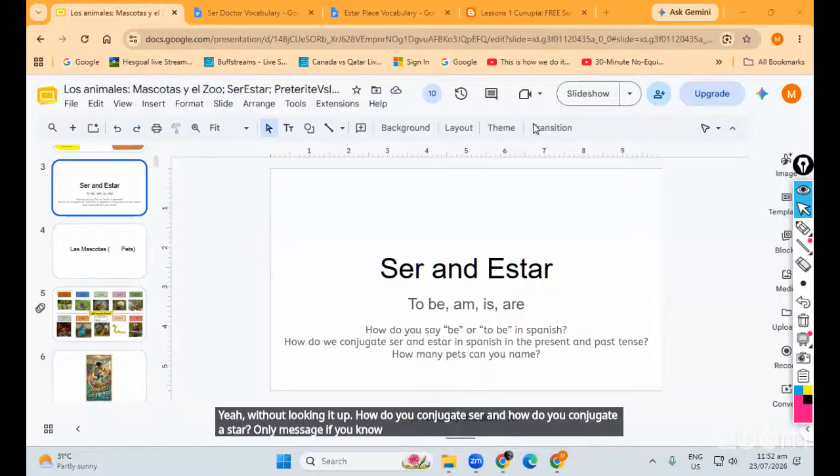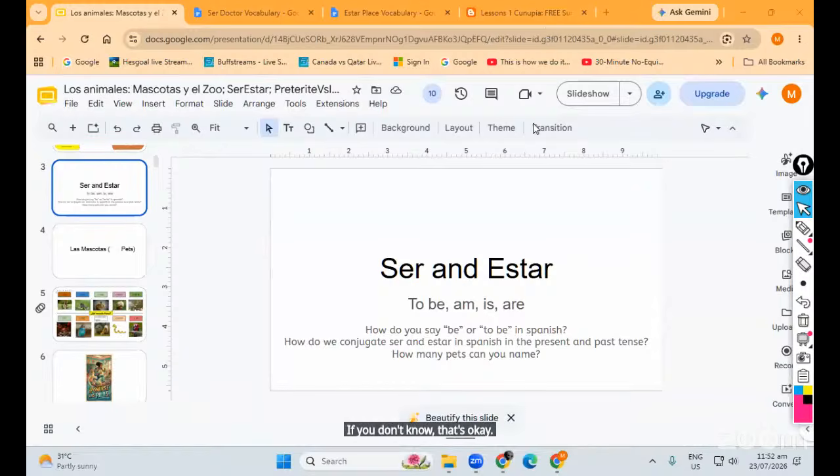If you don't know, that's okay. But please don't go and Google it and then send it. So you can send it now in the chat, if you know it: how do we conjugate Ser and how do we conjugate Estar?